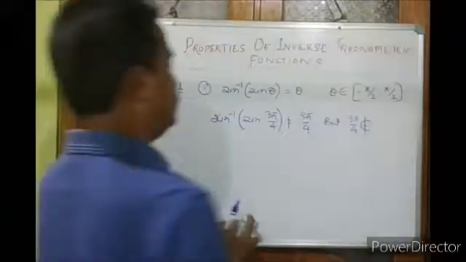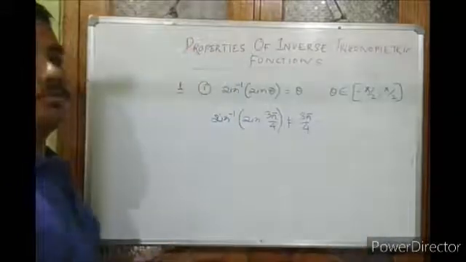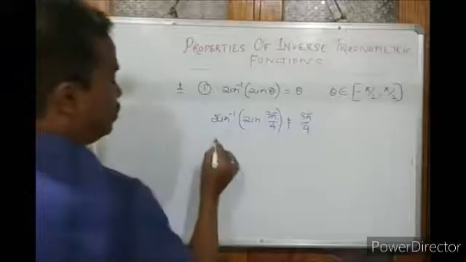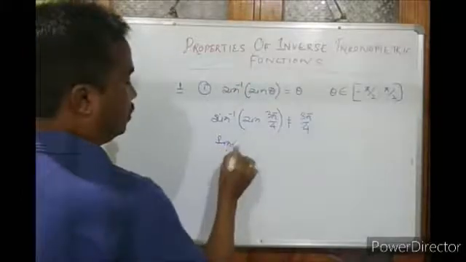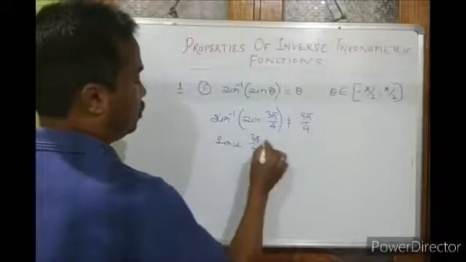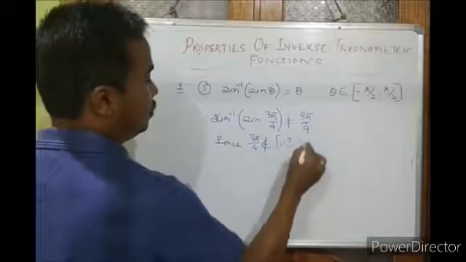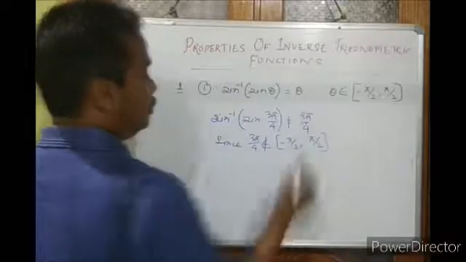Sine inverse sine 3 pi by 4 is not equal to 3 pi by 4, since 3 pi by 4 does not belong to minus pi by 2 to plus pi by 2.